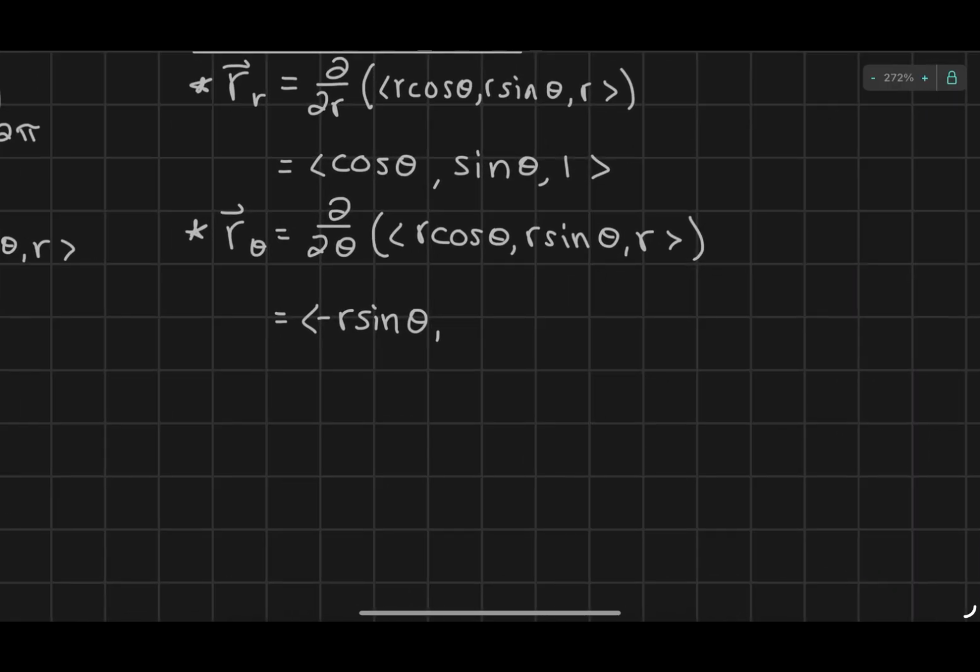Taking the derivative of r sine of theta with respect to theta, we're pretty much just taking the derivative of sine of theta, which is going to be cosine theta. So we are going to have our r cosine theta as our y term. And finally, our z term is going to be the derivative of r with respect to theta. Well, that r is just going to be treated as a constant. Therefore, that is going to go to 0.